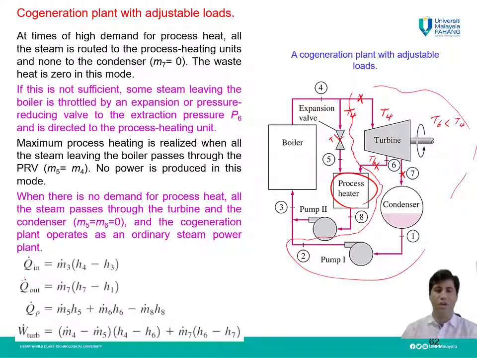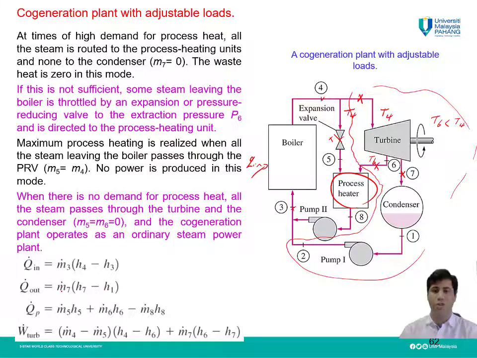And you can see here how we can calculate, as usual for a cycle, we can write this equation: Q dot in, which we have in the boiler, is equal to m dot 3, the mass flow rate of the steam to the boiler, times H4 minus H3, the enthalpy at these points.